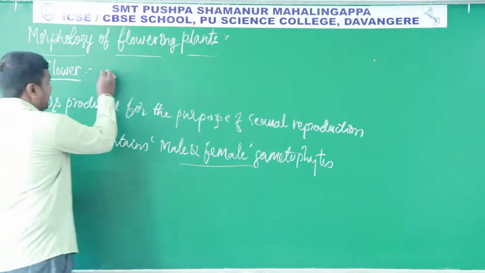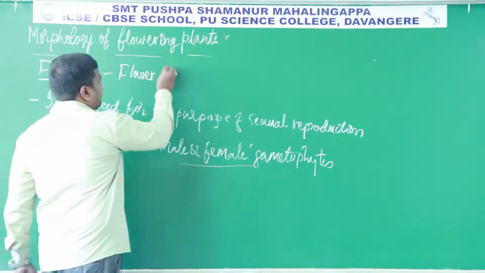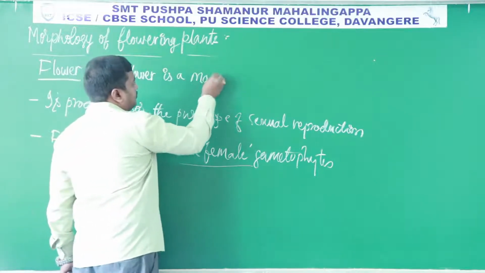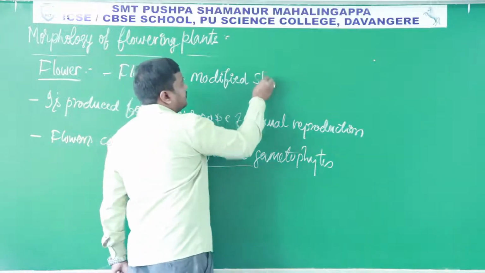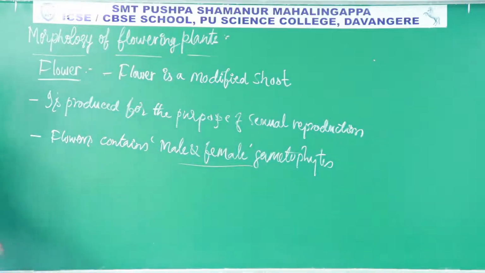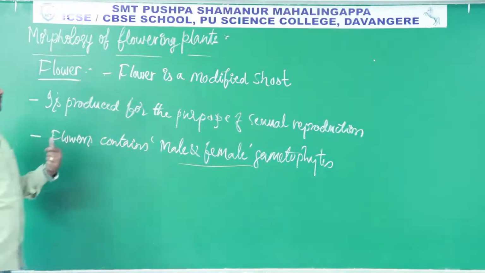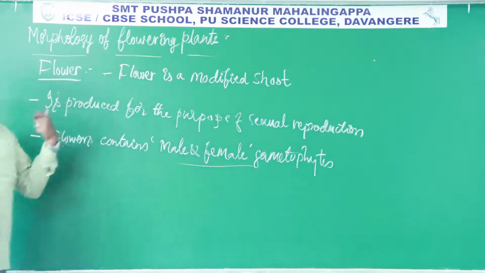So flower is a modified shoot. Okay, so shoot system is a little modified into flower.